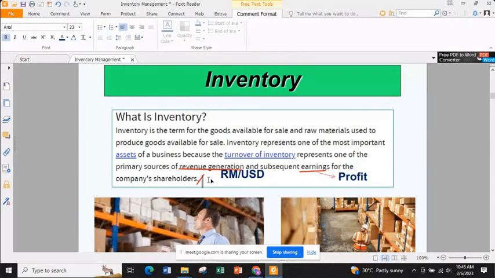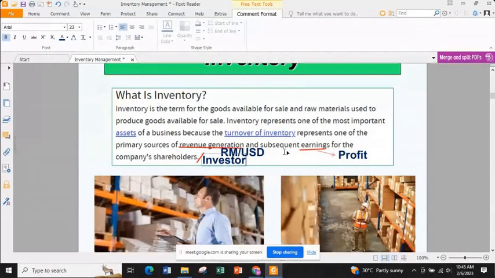So every profit goes as dividend to the company shareholders, and to the staff it is salary, and another one is bonus. Bonus, or you call it incentive, to pay for your effort to grow the company.